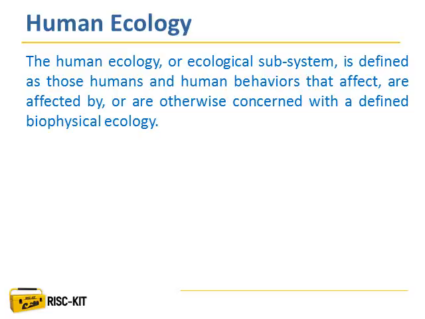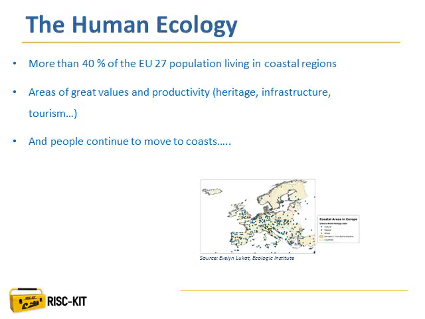This means human ecology. To give you an example, if we look at Europe, more than 40% of the EU 27 population is currently living in coastal regions in Europe. And this is an area usually where you have great values and a great productivity.